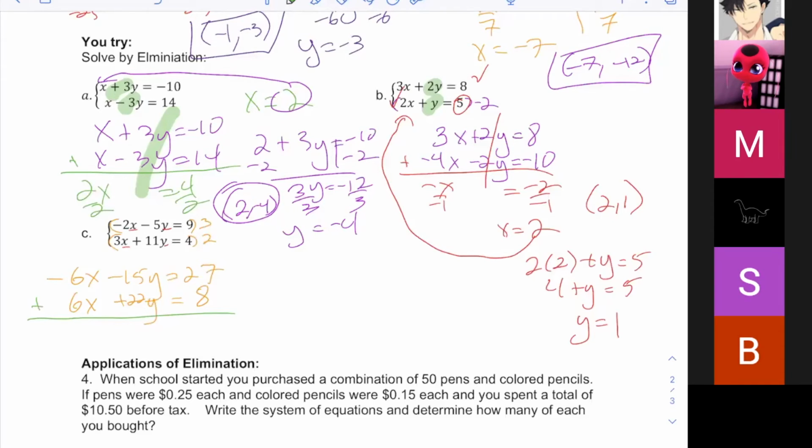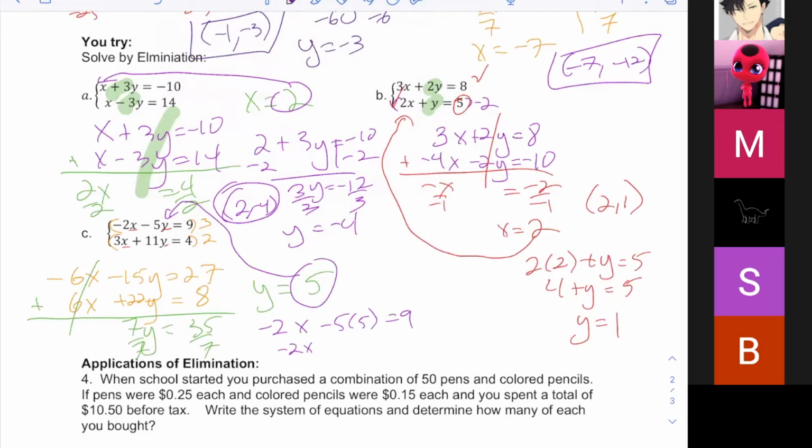So we have, these eliminate each other because they're opposites. 7y is equal to 35. Divide by 7, divide by 7. Y is equal to 5. And we just substitute this into the top one to find x. So negative 2x minus 5 times 5 is equal to 9.